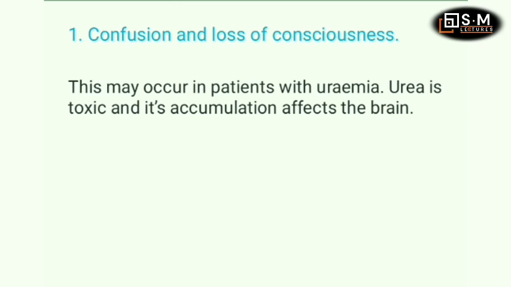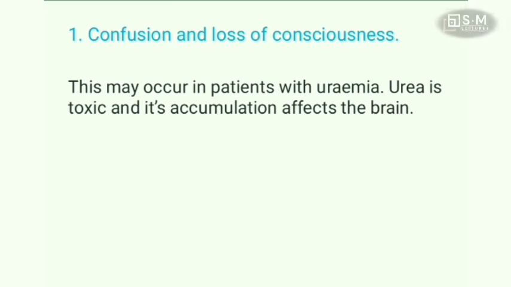So when the renal system fails to excrete this high level of urea from the blood, it will continue to accumulate, and the accumulation of urea in the brain causes affectation of the brain by causing decrease or increase in the level of either inhibitory or excitatory neurotransmitters, as well as affecting some neurons in the brain.